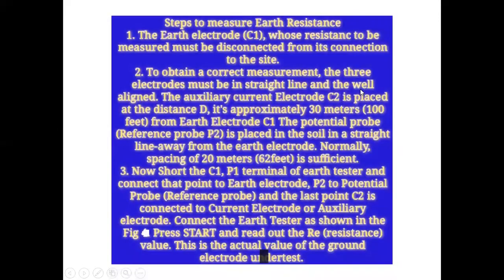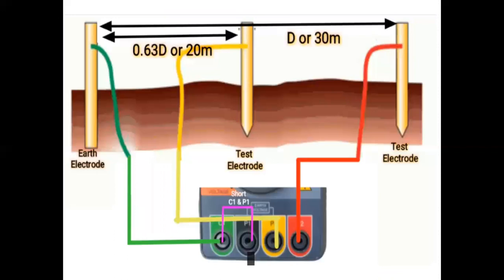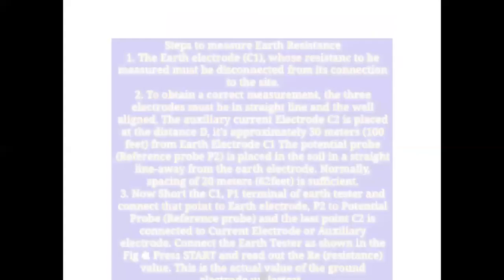The steps to measure the earth resistance by using the earth tester. The earth electrode C1, whose resistance is to be measured, must be disconnected from the connection to the site. C1 is this, the electrode whose resistance should be measured.